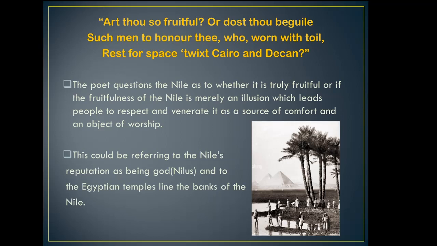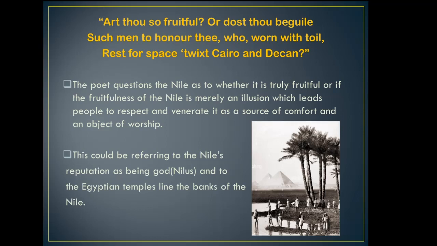Here the poet asks the Nile if it's actually fruitful as we know it is, or if it just gives out an illusion or a picture of beauty that makes people want to respect and worship it, or if it is really actually lush and fruitful. Here, this could be a reference to the Nile's reputation as a god, or how it has been important, and how there are temples lining the banks of the Nile from the ancient Egyptian days.